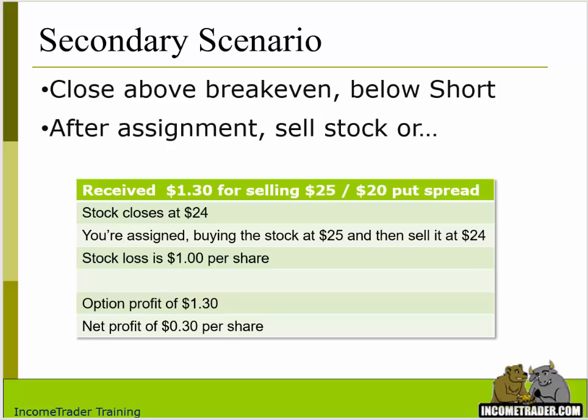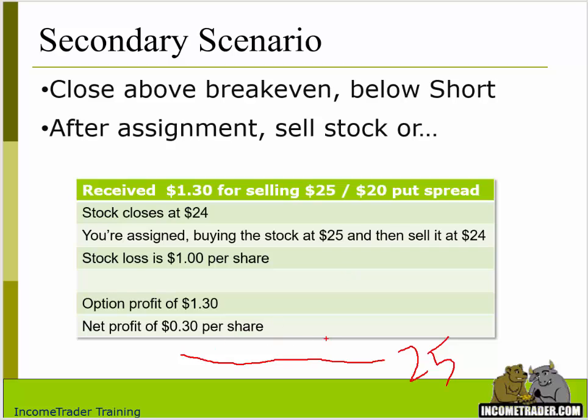Now, a secondary scenario on a credit spread would be, let's say the stock maybe is headed up. Let me show you what I'm talking about. You think the stock is certainly headed up, but for some reason it gets a piece of news and then slightly comes down below our strike price. So here's the $25 strike price that we sold, and we think, yeah, if the stock heads up, it's great.